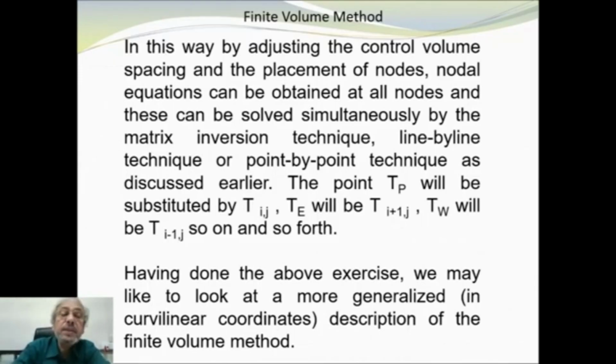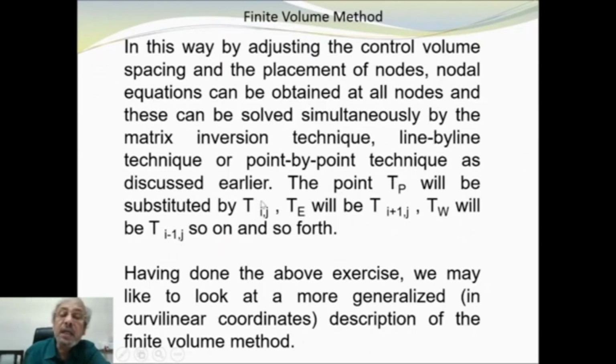algebraic equations, if i runs from 1 to i max, and j is a node number from 1 to j max. This can be solved simultaneously by the matrix inversion technique, or the line by line technique, or the point by point technique.